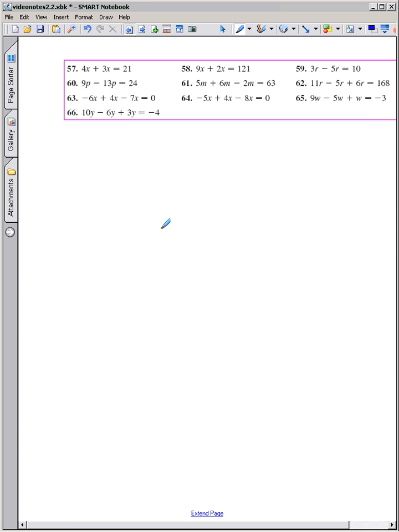Now the grouping of problems really have multi-steps. That is, you've got to simplify first. So like number 57 is 4x plus 3x is equal to 21. Well, we know we can combine 4x plus 3x.